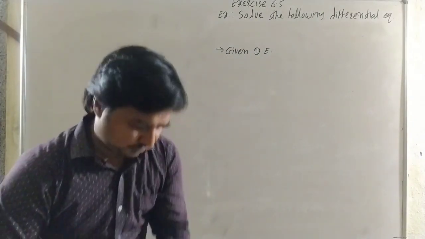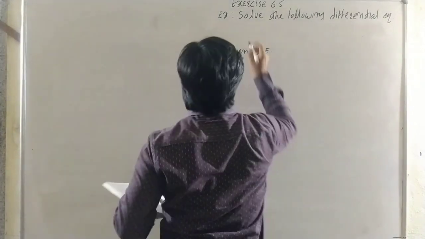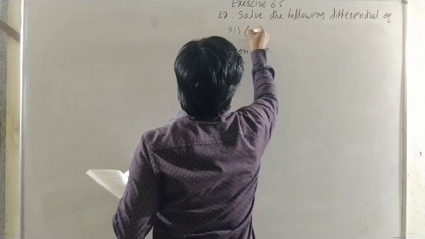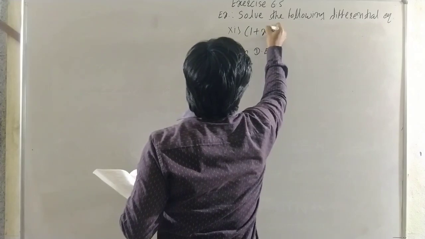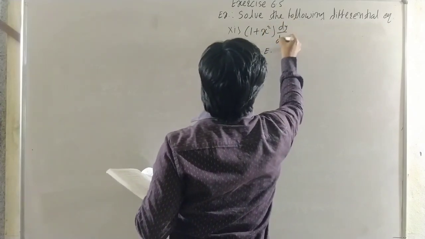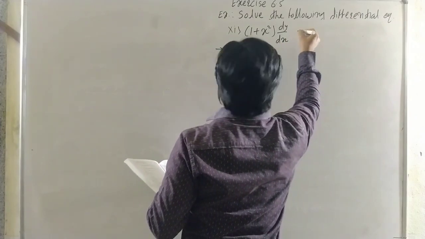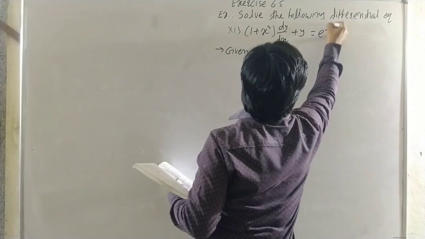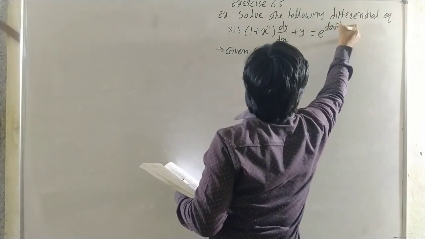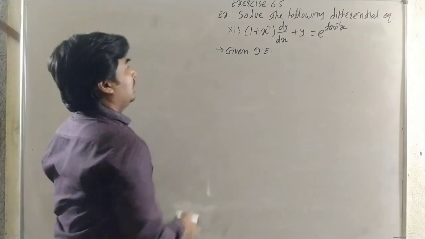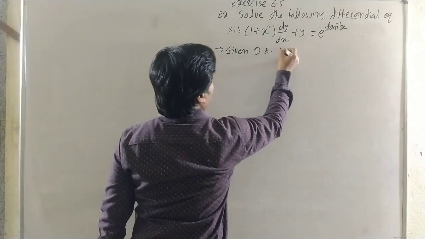Last example in the question number 1, it is the example number 11. 1 plus x square dy by dx plus y is equal to e to the power tan inverse x. Now it is a given differential equation.